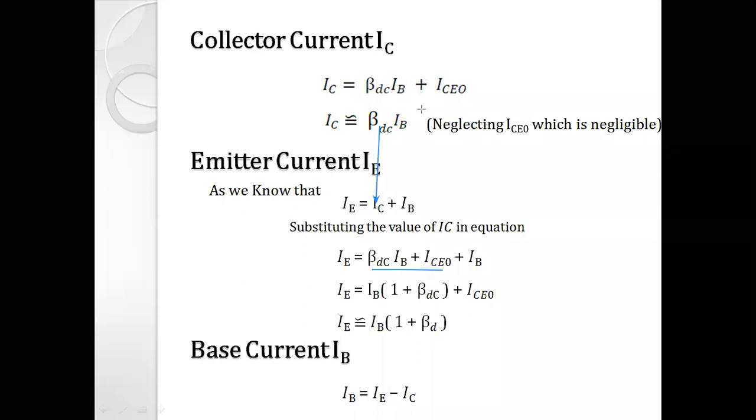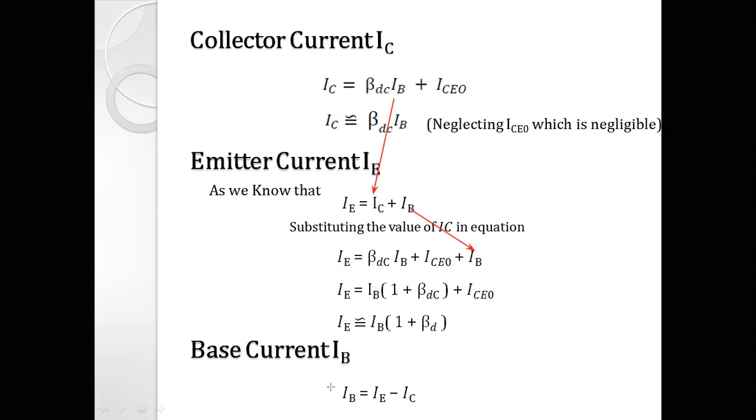Sorry, this equation is substituted over here, right? Actually, the first equation is substituted into the emitter equation, and this IB is from the equation.